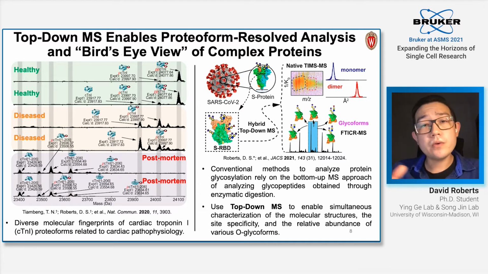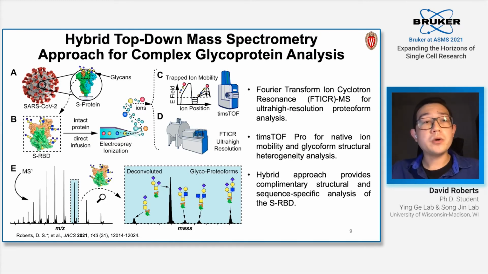And that workflow is better illustrated here, where we're calling this a hybrid top-down approach, where on one hand, we take the S-RBD and we utilize timsTOF to provide native ion mobility analysis of the S protein, specifically using trapped ion mobility. This allows us to both get an idea of the glycoform structural landscape, as well as some of the structural heterogeneity associated with each of these individual glycostructures.